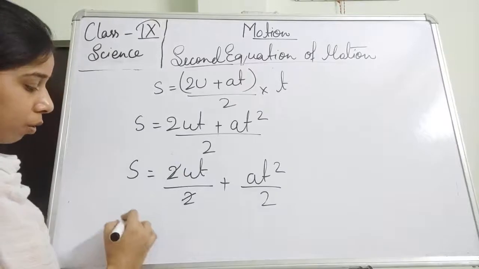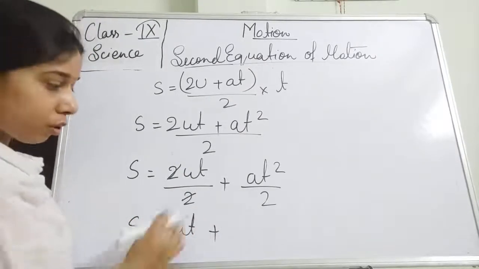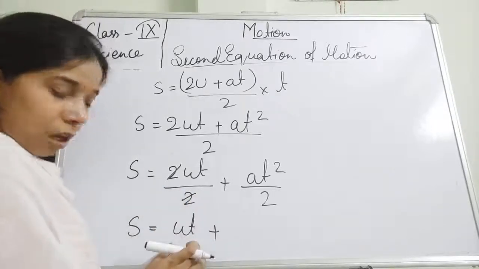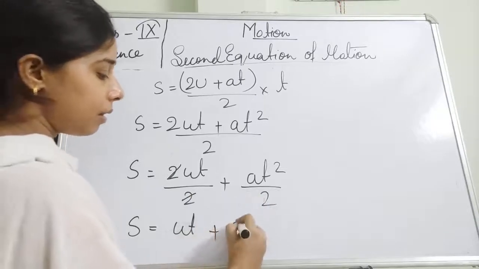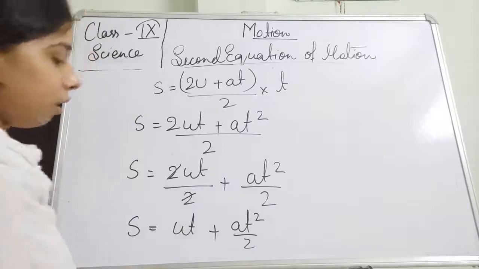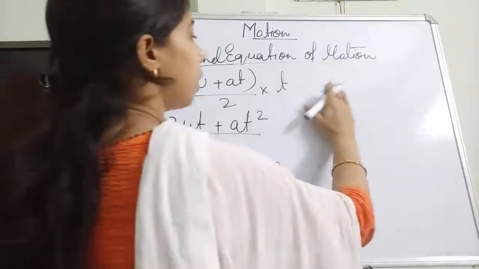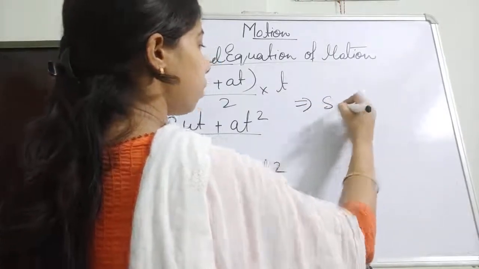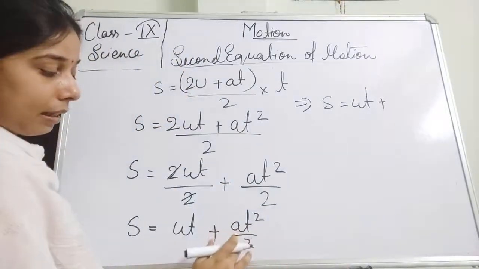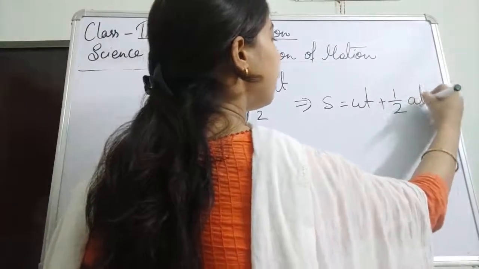So we can also write it as S is equal to ut plus at square upon 2, or we can write it as S equals ut plus half at square.